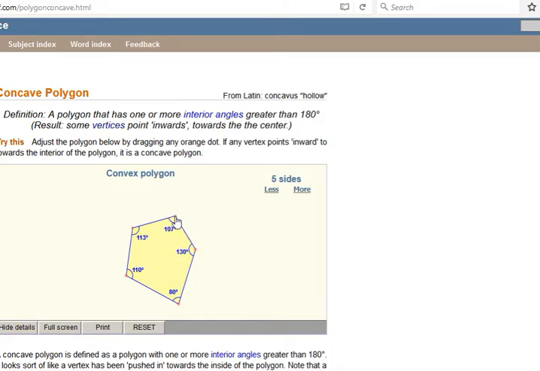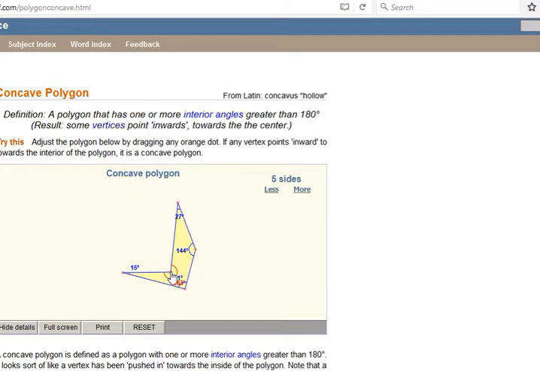Go out further, convex, convex, convex. We can move all these around, but as long as I don't get angles that are greater than 180, then I have convex. But if I get something that goes greater than 180, suddenly that's concave.